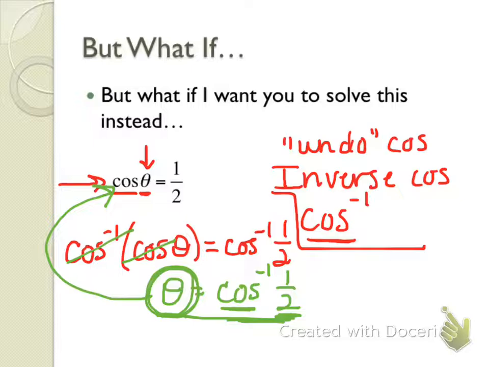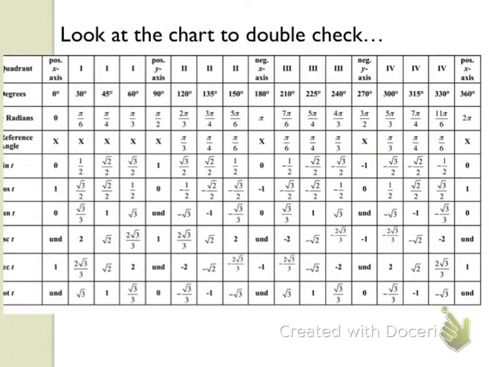Okay? Now, based on the previous slide, that seems like a fairly obvious answer. But take a look at your chart. Look at the cosine. Let's take a look at this row right here with cosine.